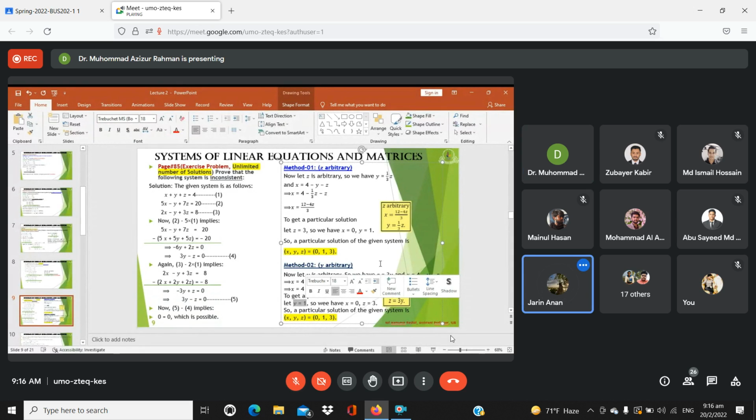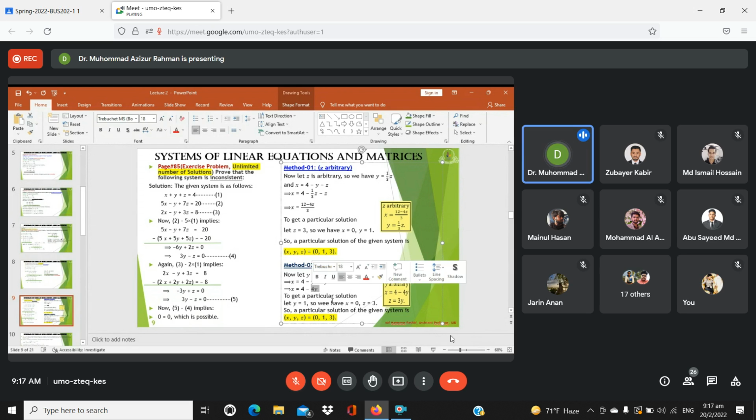Minus 4, not 0, because y equals 2. If y equals 2, that means minus 8. So 4 minus 8 is minus 4.